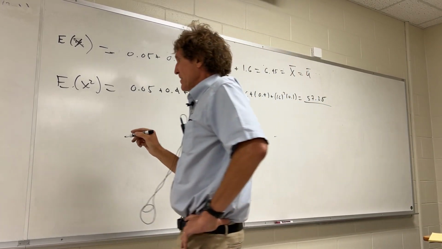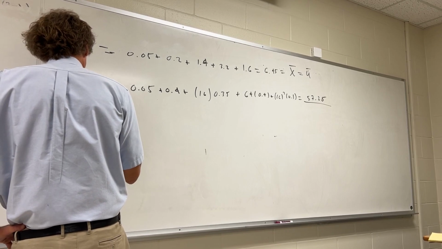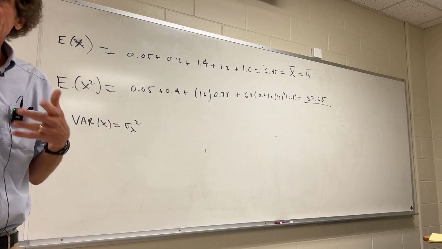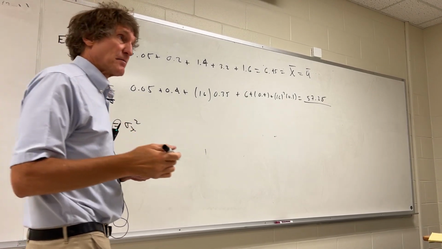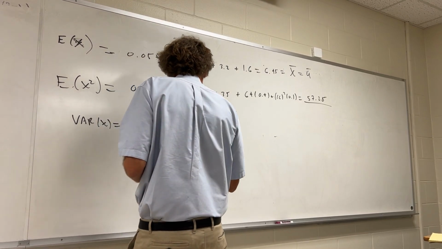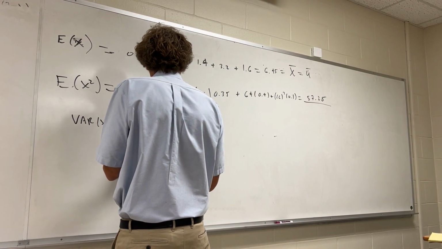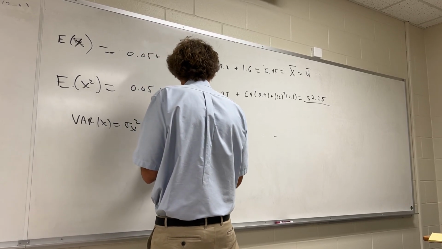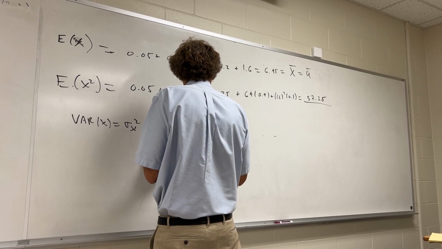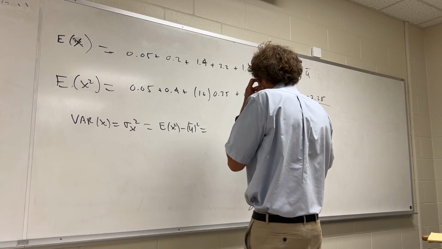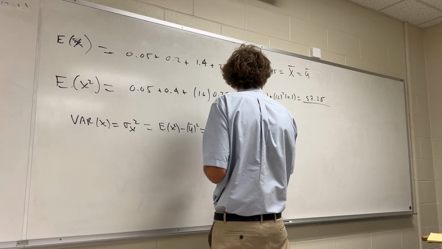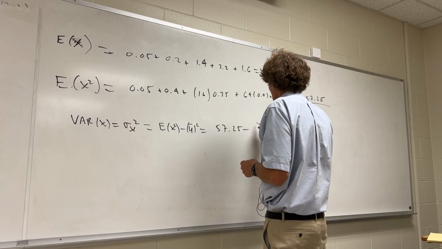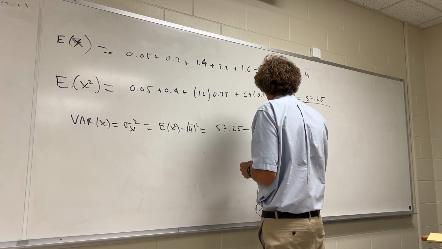Now, we can get the variance of x, which is a lot of times just put down as sigma x squared, because that's the standard deviation squared. That's the way it's usually written in a lot of books and online, and actually in journal papers. So that's going to be equal to the expected value of x squared minus the mean value squared, and that's going to be 57.25 minus the mean value, which is 6.45 squared.